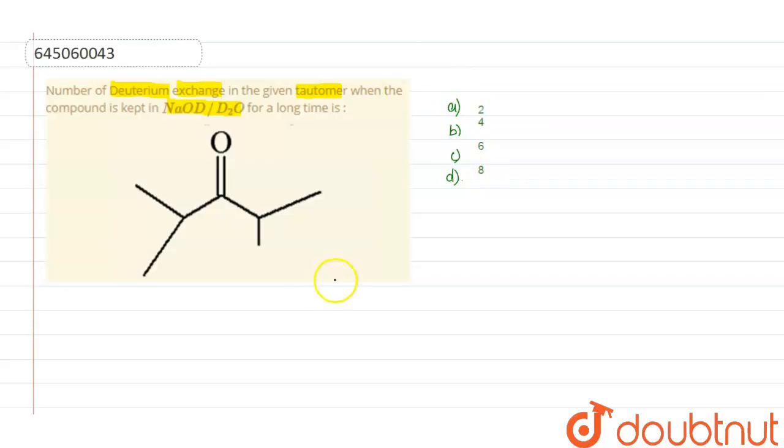So let's discuss this reaction. The reaction is basically a hydrogen deuterium exchange reaction.